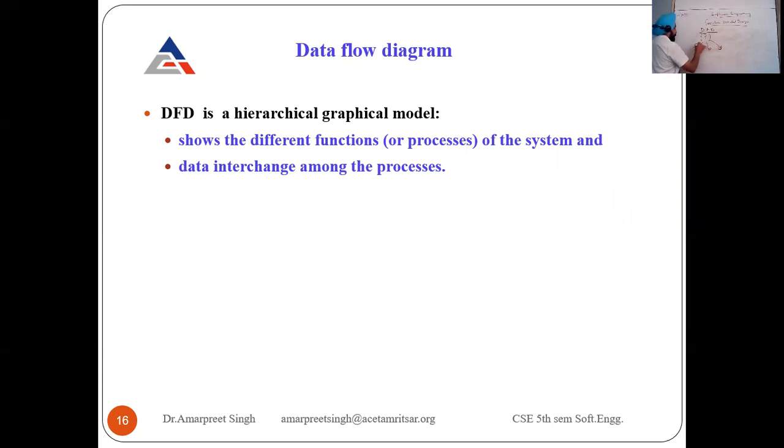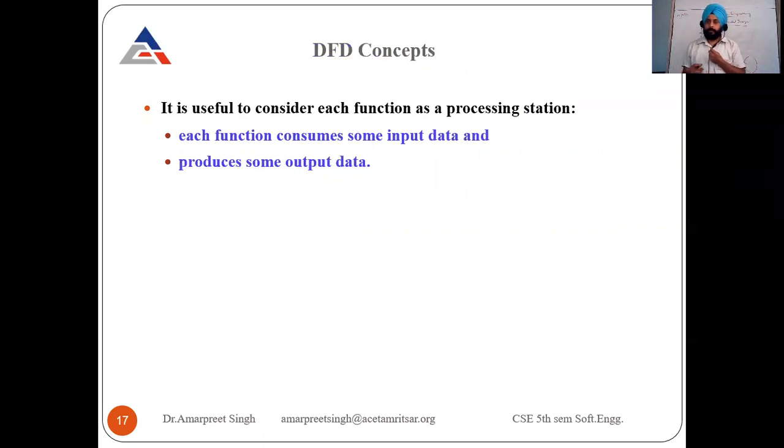We represent these functions as bubbles, and where data flows from one function to another is shown in the DFDs. We will do the detailed DFDs in the coming slides. It is useful to consider each function as a processing station. So in DFDs, each function is considered a processing station, and we can give the name either as the process or the name of the function.